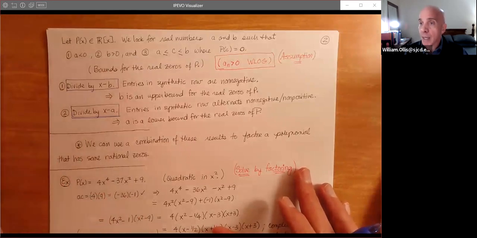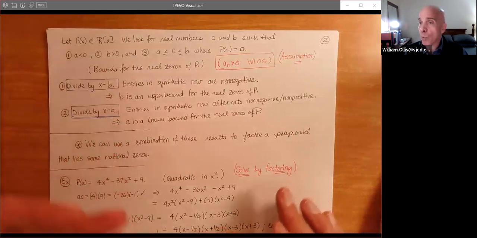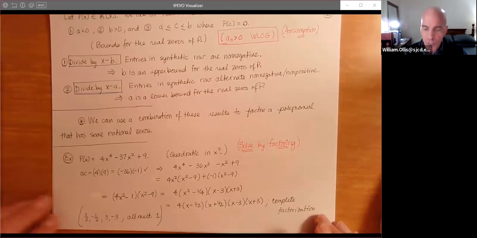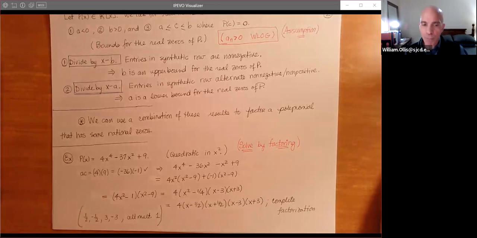It could be a positive number, but what we're going to normally check are nice numbers, not the square root of 2. So again, this result is not overly precise, but it certainly can be helpful when you're looking for rational zeros. Now, what I wanted to do with this next example is show you where we've already been.